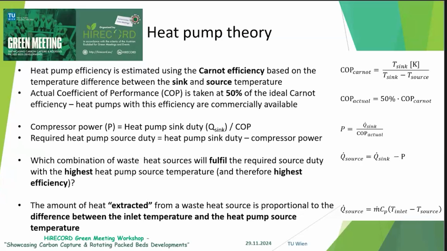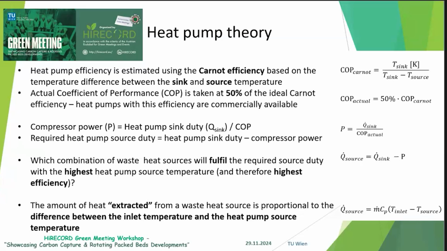So for a given sink duty, this 5 megawatt I mentioned before for the reboiler, and knowing the temperature levels, we can find the actual COP, and then we can find the amount of shaft power, or compressor work, that needs to be put into the process.